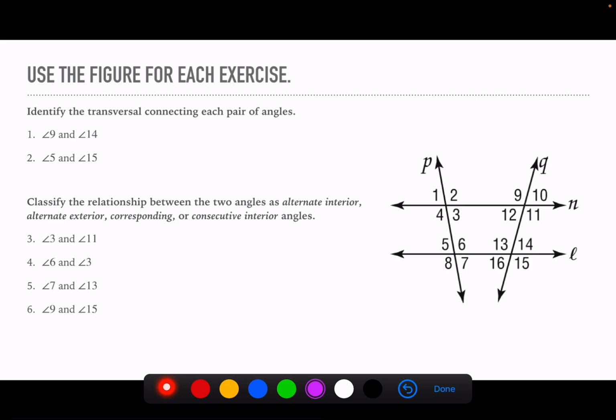Let's see this. So we have 9 and 14. We just want to know the transversal. Okay?